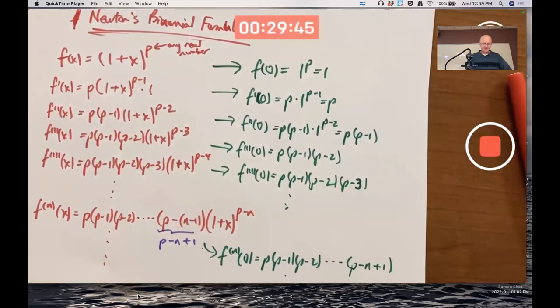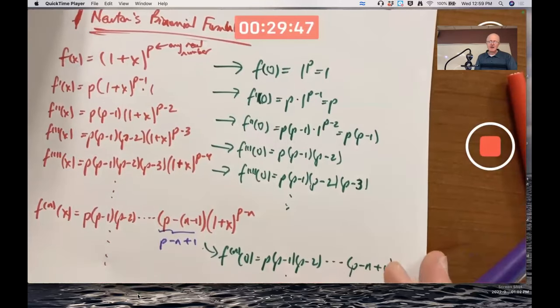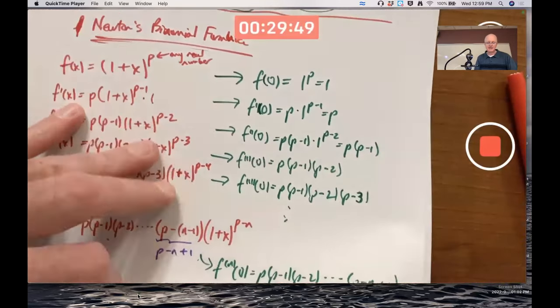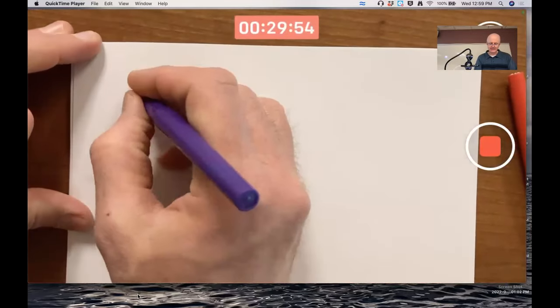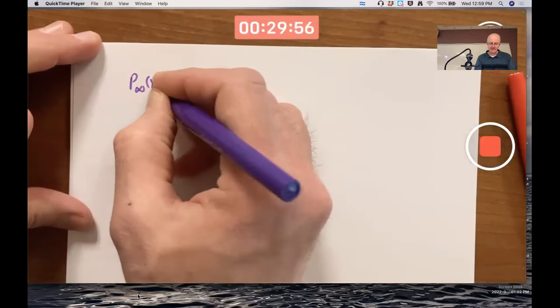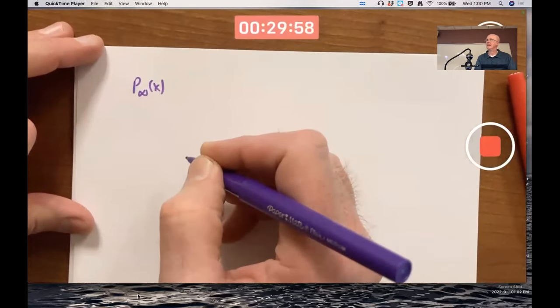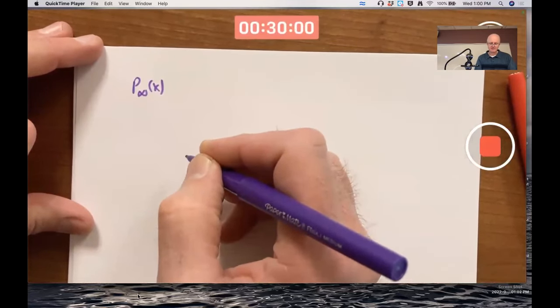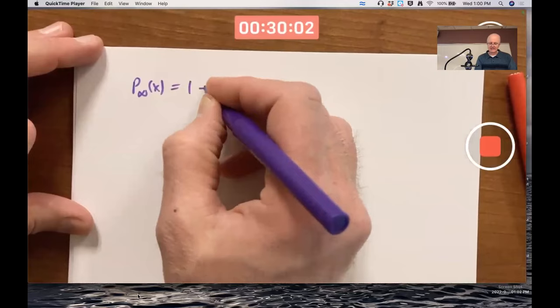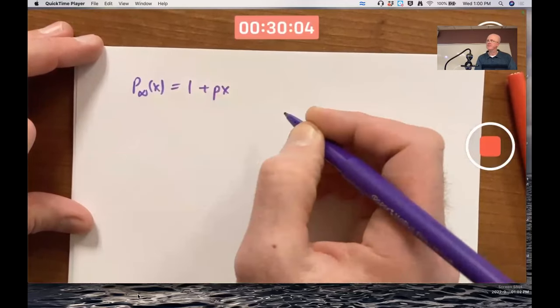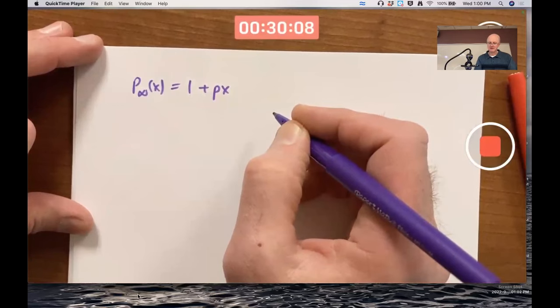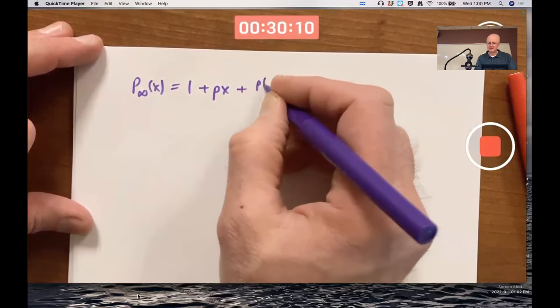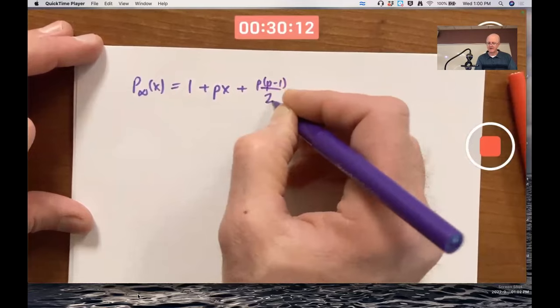That's what I'll write down now. Let me call it, instead of saying it equals f of x straight away, let me call it p sub infinity, like an infinite degree polynomial. 1 plus p times x, p divided by 1 factorial, plus the next one was p times p minus 1 over 2 factorial times x squared.